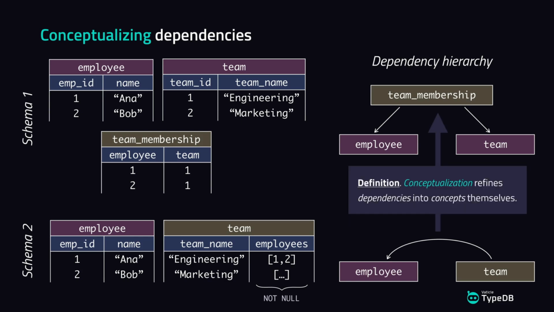So it refines this diagram at the bottom by turning the arrow into its own concept. And as I said, the first schema is a bit more general, a bit more refined, but under certain conditions we can also do the inverse transformation of turning a team membership back into a simple dependency, and we will refer to that process as deconceptualization.